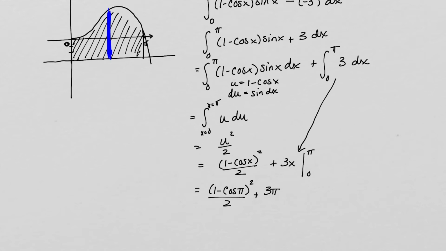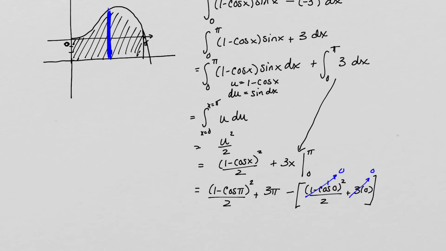So I have 1 minus cosine of pi, squared, over 2 plus 3 pi, minus 1 minus the cosine of 0, squared, over 2 plus 3 times 0. So remember the cosine of 0 is 1. So this part here is going to be 1 minus 1. So this part's going to go to 0. This goes to 0.